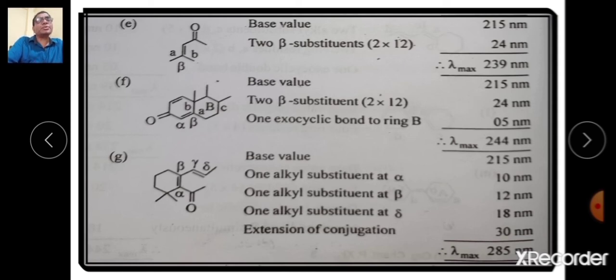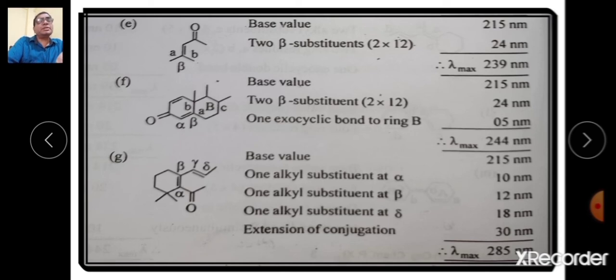Two beta substituents, 2 into 12, therefore 24, and one exocyclic double bond to the ring B. This is ring B, and to this ring B the bond is exocyclic, and therefore add 5 nanometer, and hence lambda max becomes 244 nanometer.